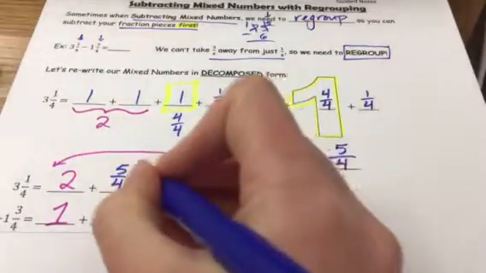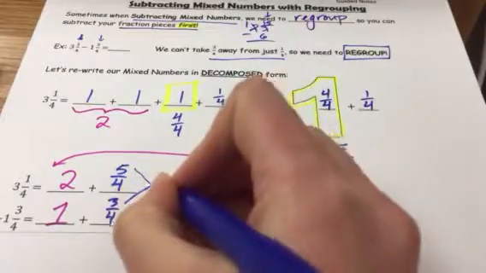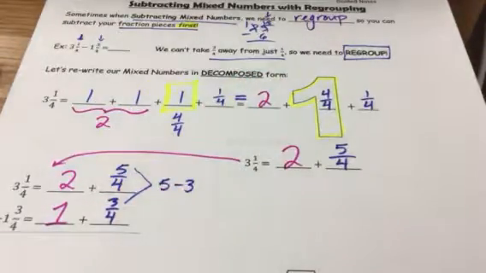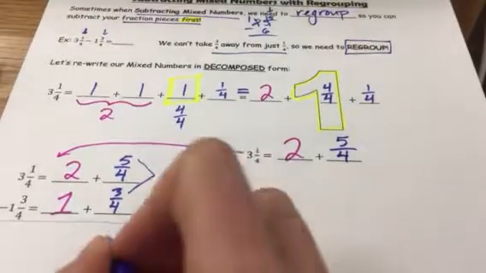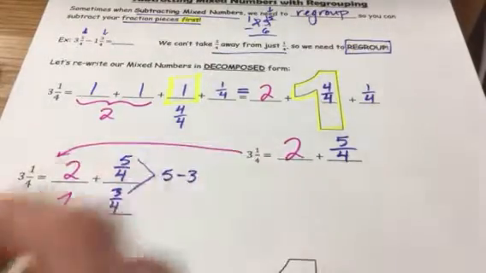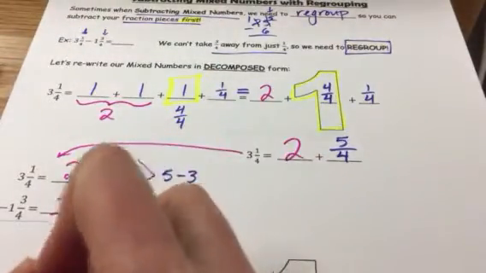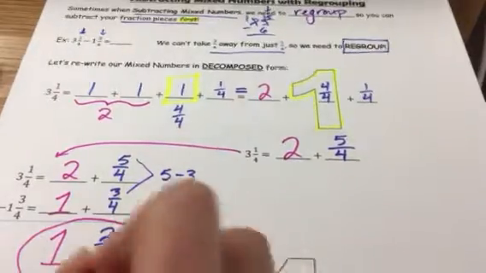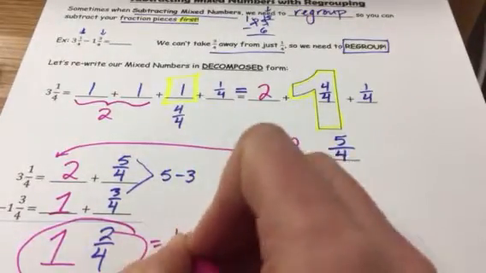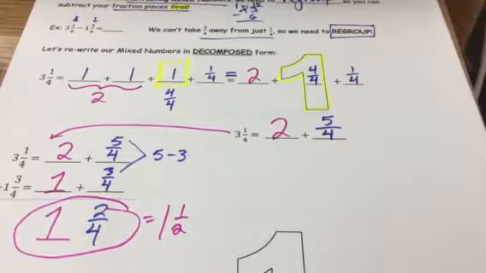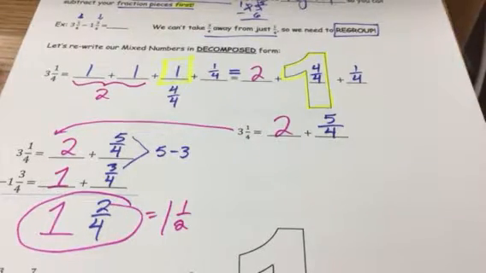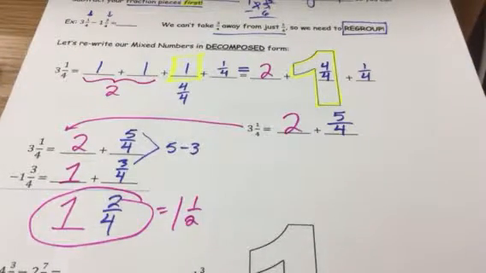This is beneficial because I now can subtract 3/4 from my 5/4, and I'm left with 2/4. 2 minus 1 is 1. So this would be my final answer. And of course, I would love if you could simplify 1 1/2. So this is how we can solve these types of problems without having to draw pictures.